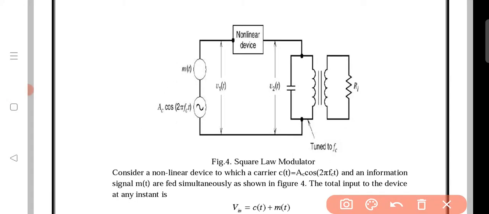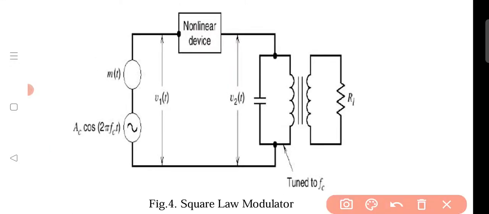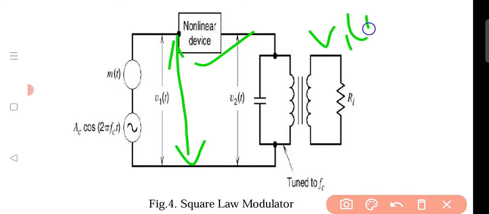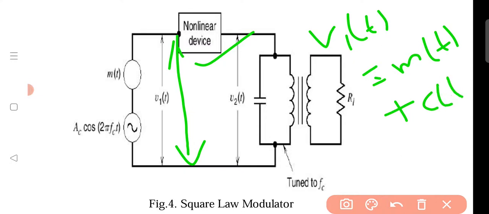This is the block diagram of the square law modulator. Square law modulator means here we accommodate a non-linear device, meaning a diode, transistor, etc. The input V1 of t to the non-linear device is a combination of the message signal m of t plus the carrier signal c of t.